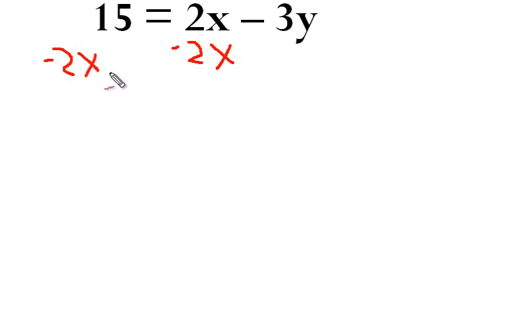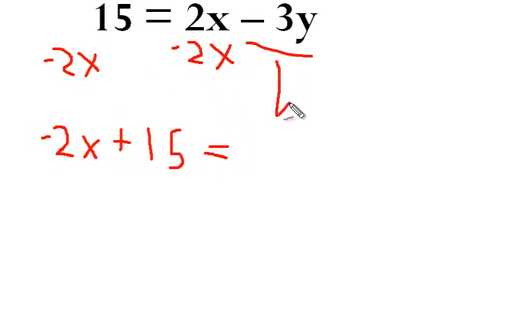Now you know on the last few problems I always said I wanted to put this negative 2x in front, so I'm going to go ahead and keep it in front over here, and this will make more sense in a minute. But I had the negative 2x and then this positive 15 I just put behind it, and now I have that it's equal to this negative 3y. Okay, from here I still want to get y by itself, so I want to get rid of this negative 3, so I'm going to divide by negative 3.